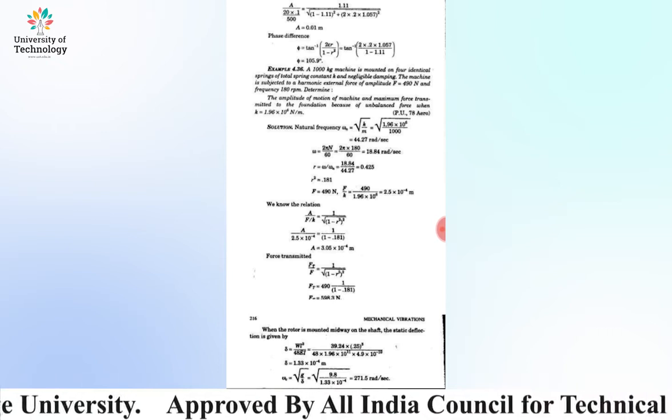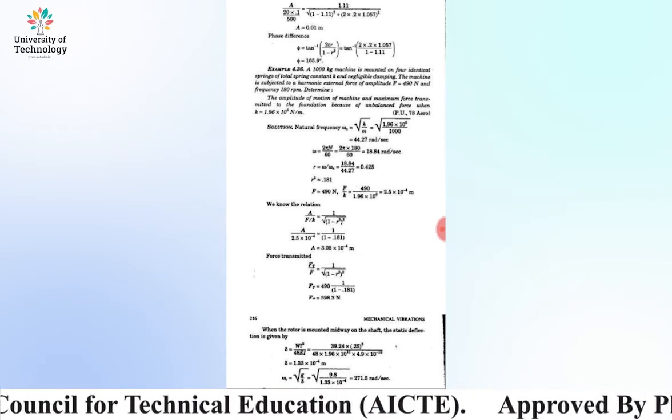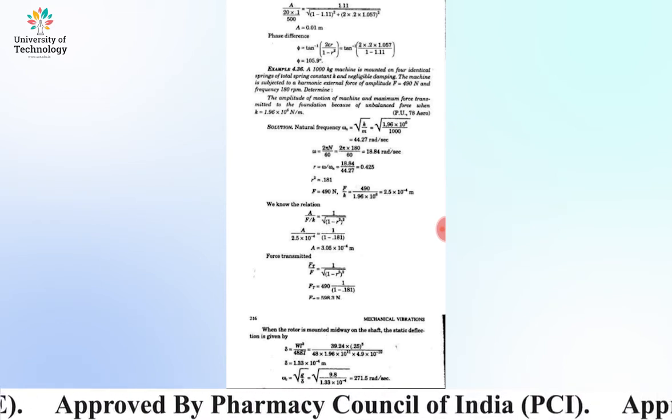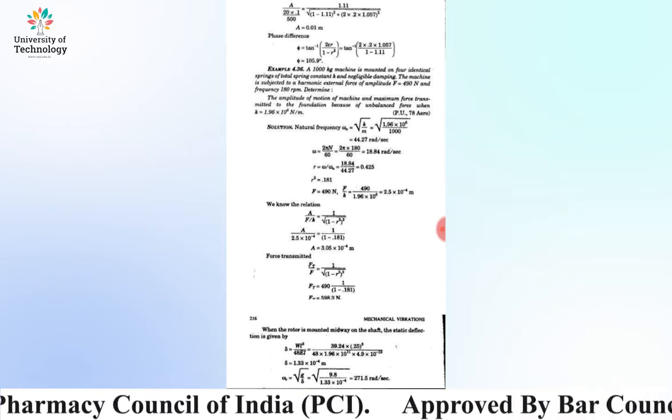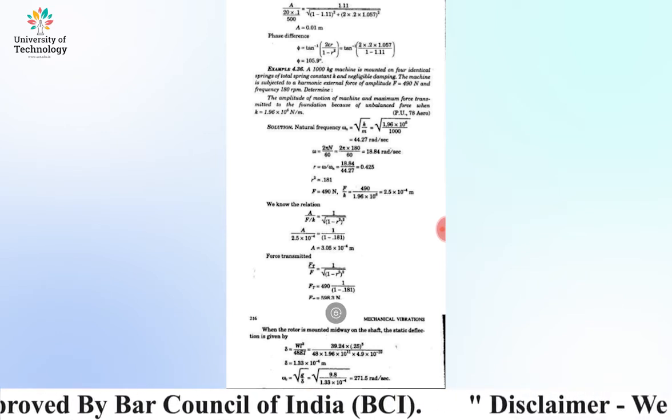The another question is: a 1000 kg machine is mounted on four identical springs of total spring constant K and negligible damping.